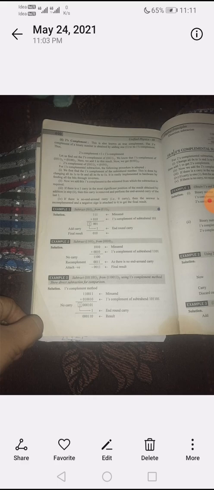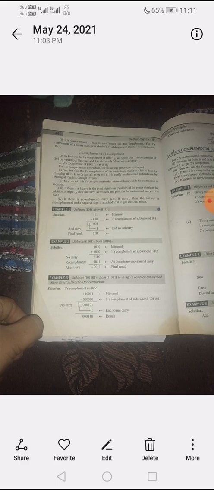For one's complement subtraction, the following procedure must be adopted. We first find the one's complement of the subtrahend.